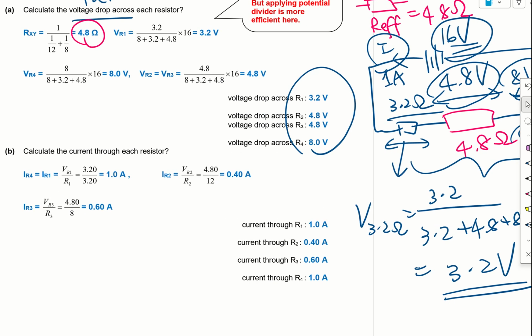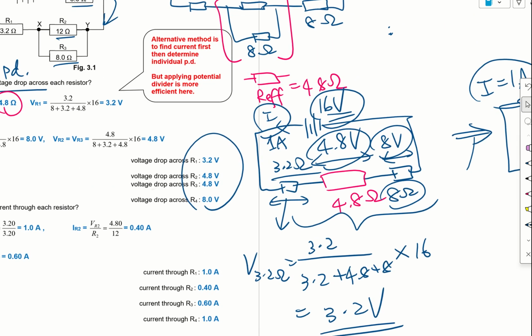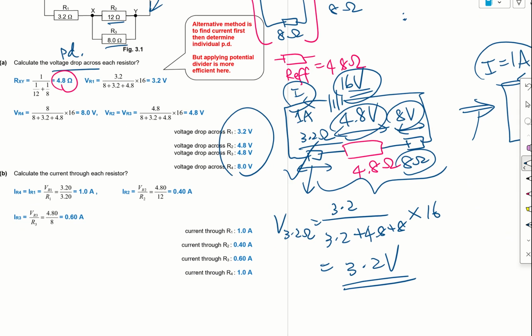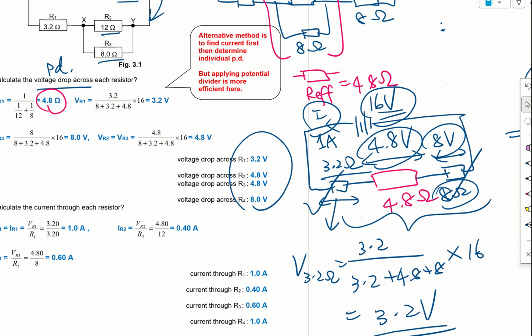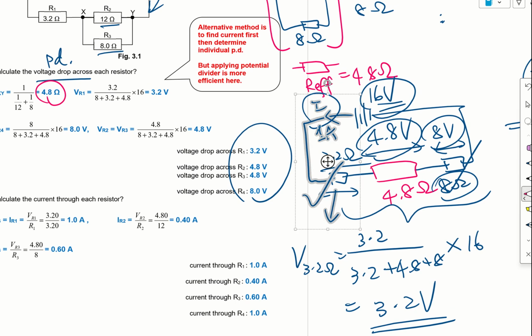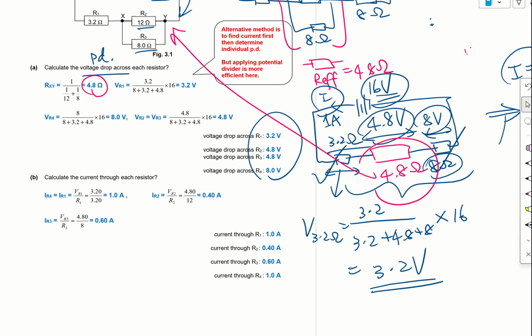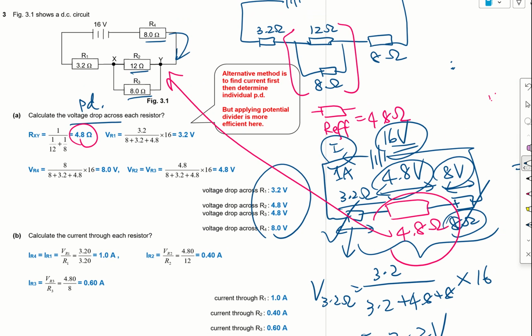Now calculate the current through each resistor. For these two, the 3.2 and the last 8 ohm, the current is actually 1 ampere. But because this 4.8 ohm resistor was from the two resistors in parallel, it's a little bit complicated. But because we know that the potential difference across here is 4.8 volts, where did we get this from? It's from here, right?